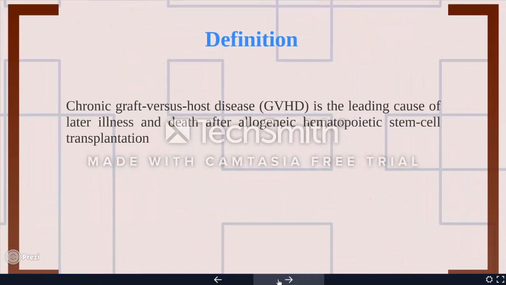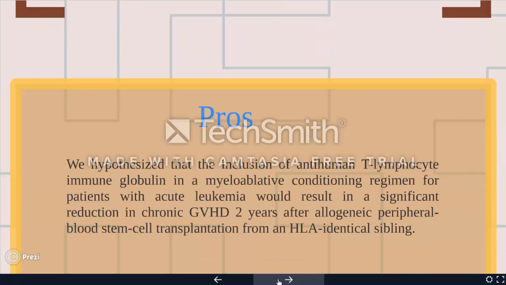Definition: Chronic graft versus host disease (GVHD) is the leading cause of late illness and death after allogeneic hematopoietic stem cell transplantation.